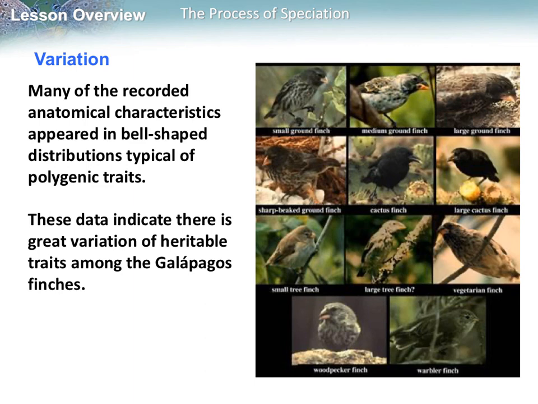So we have all of these different kinds of finches here, seen in the Galapagos finches, and many of the characteristics appeared as a bell-shaped distribution typical of polygenic traits. So this shows there is great variation of traits in these Galapagos finches.